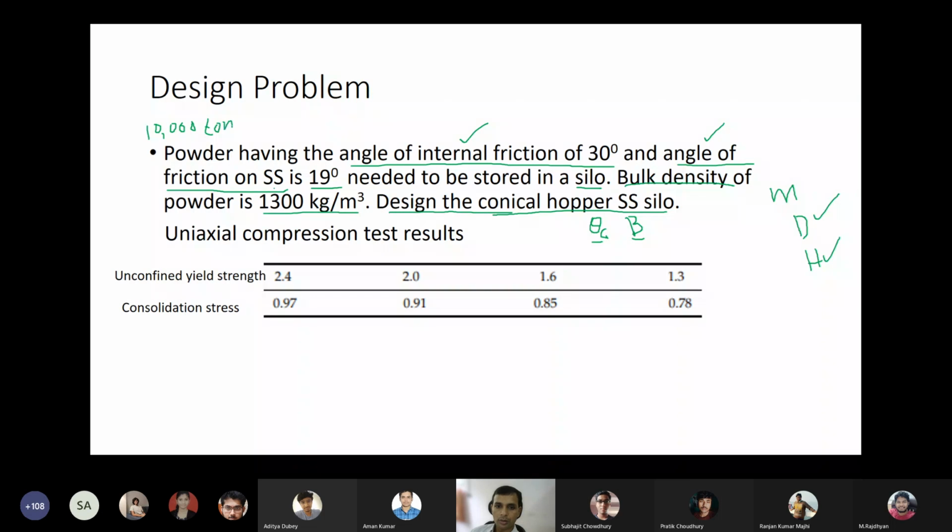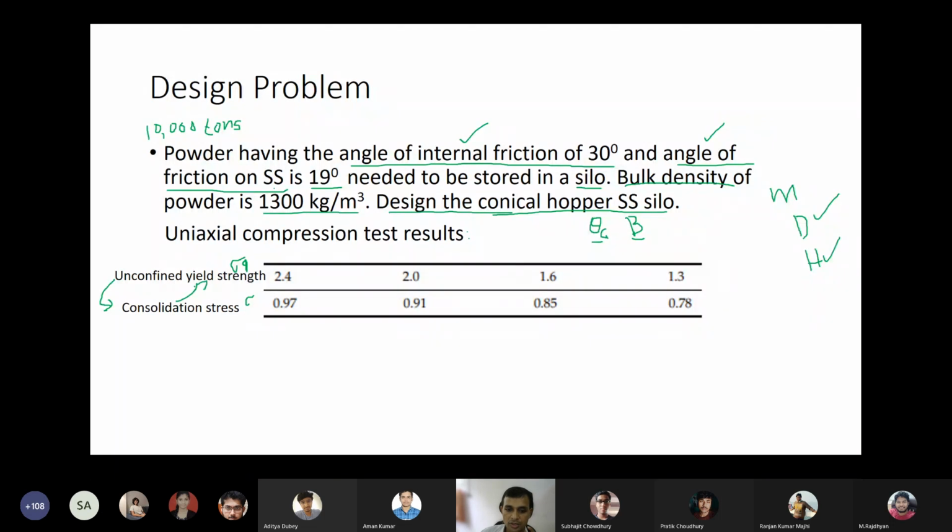So we need uniaxial compression test results. This is the uniaxial compression test result. Sorry, I think I wrote it wrong. This is sigma 1. I just misplaced it.